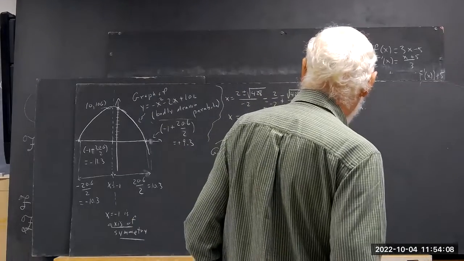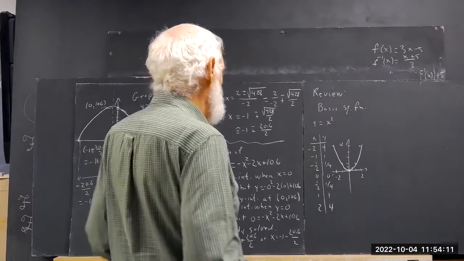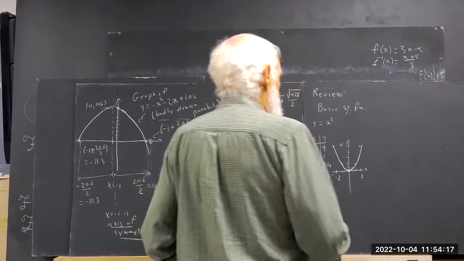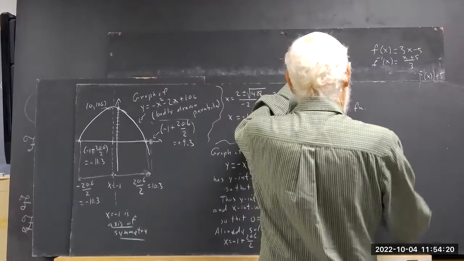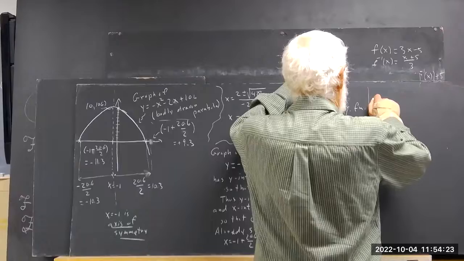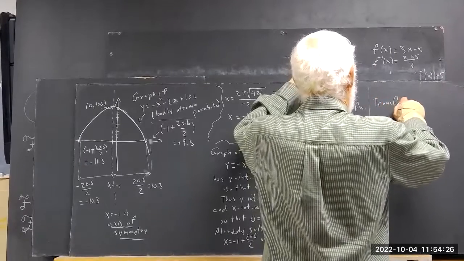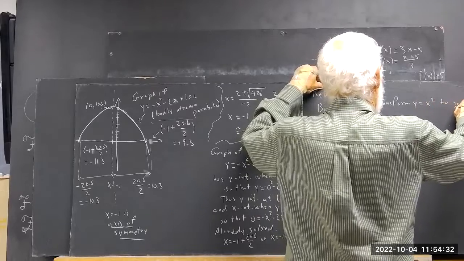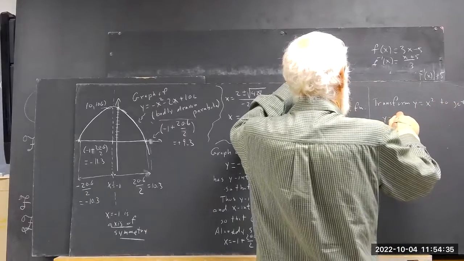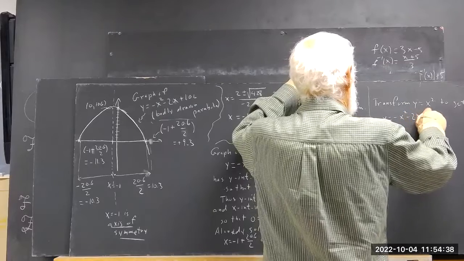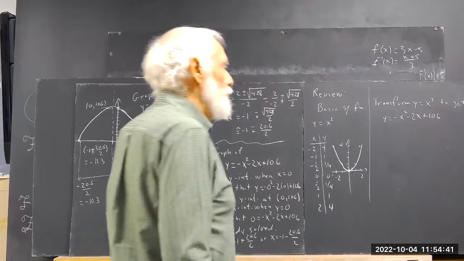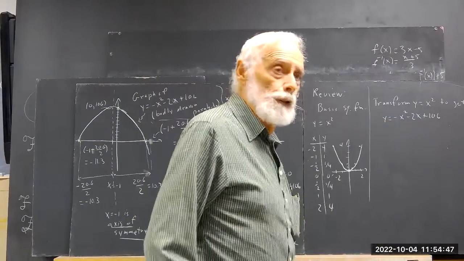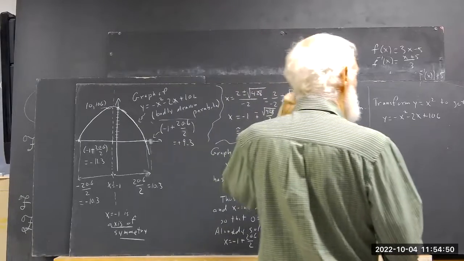So we transform y equals x squared to get y equals -x squared minus 2x plus 106.